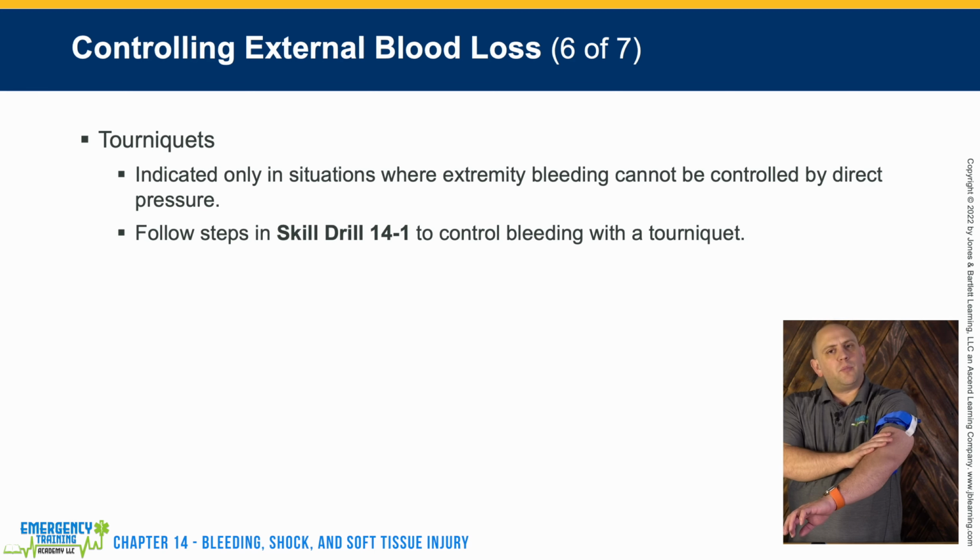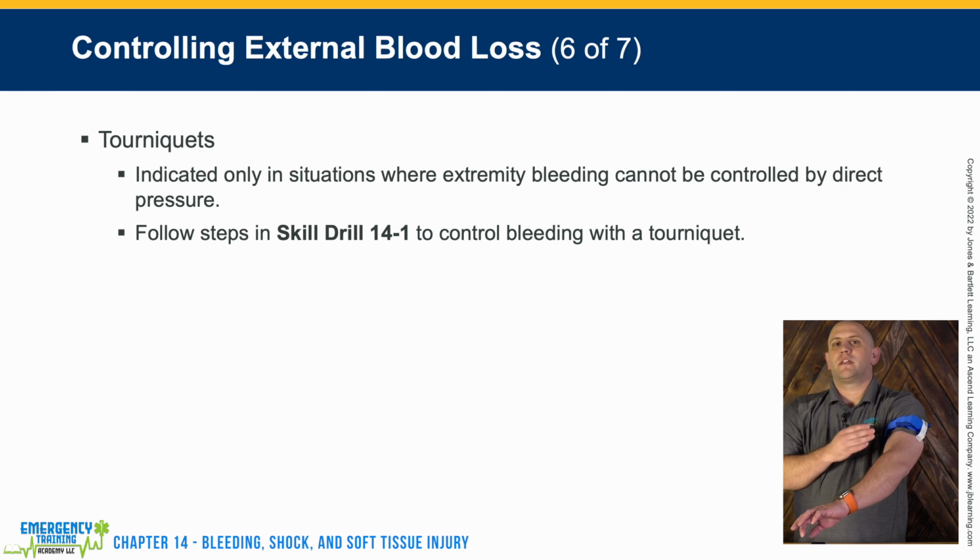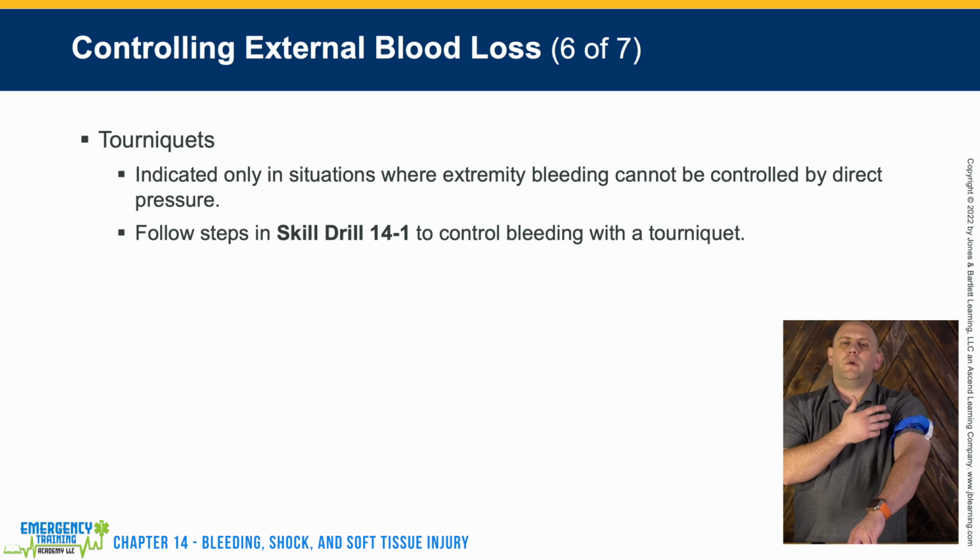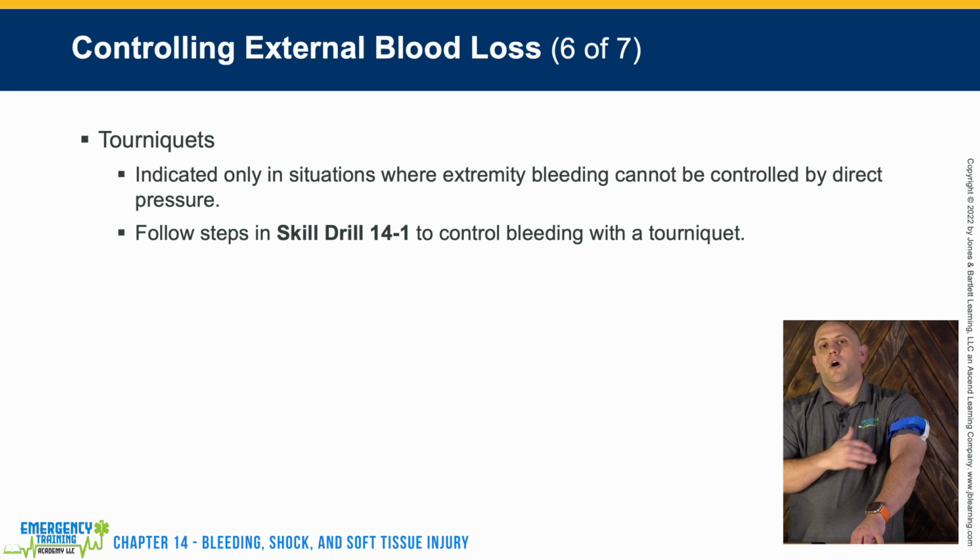application. Some people will teach that you turn it until the bleeding stops. This can be problematic in our patients where it is a major vein that has been injured, and we may stop the bleeding from that vein, but we haven't necessarily stopped the blood from the arteries that go past that. And remember, the arteries are more muscular and have higher pressure.